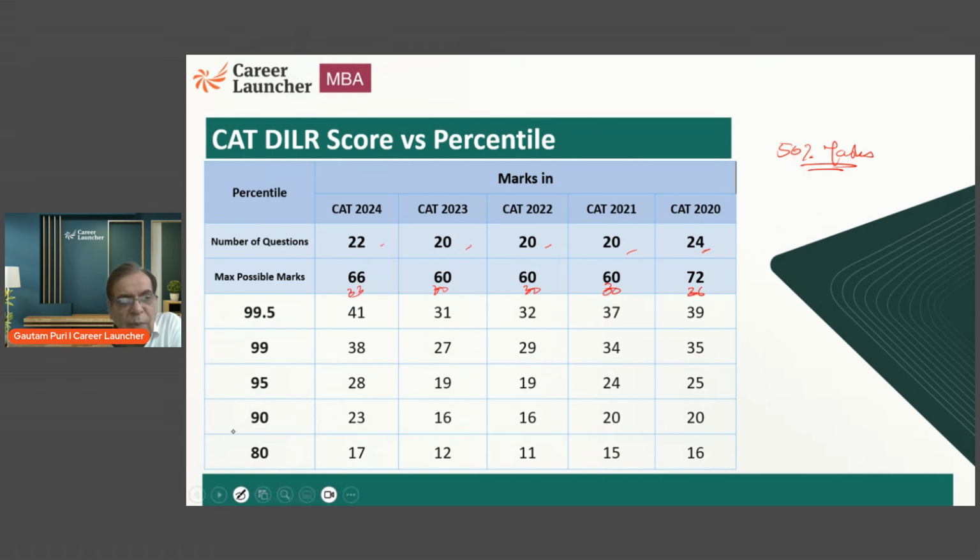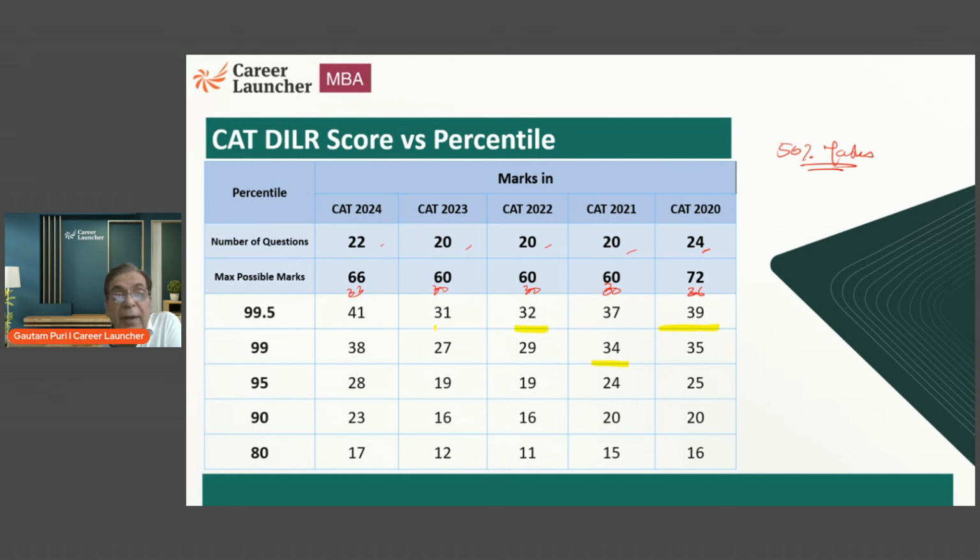Now, please look at it. Where would you be if you had only 50% marks? At 50% marks in CAT 2020, you would have been above 99 percentile. Similarly, if you look at CAT 21, at 30 marks or 50% marks out of 60, you would have been somewhere around 97 plus percentile, 97, 97.5 is what you would have possibly scored. Next year in CAT 22 at 30 marks, which is 50%, you would again be above 99 percentile.